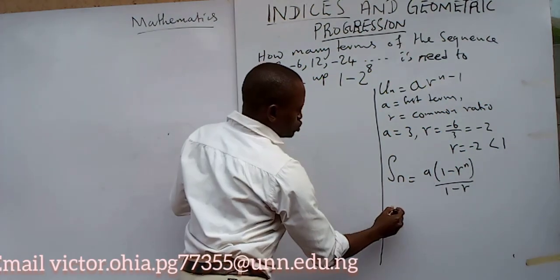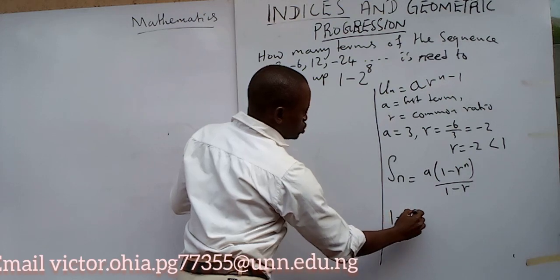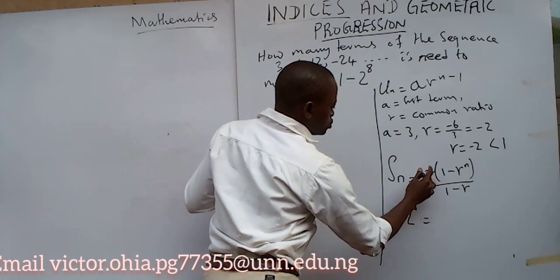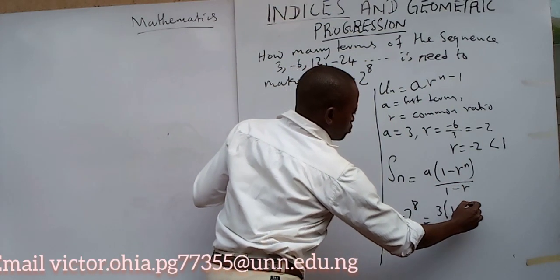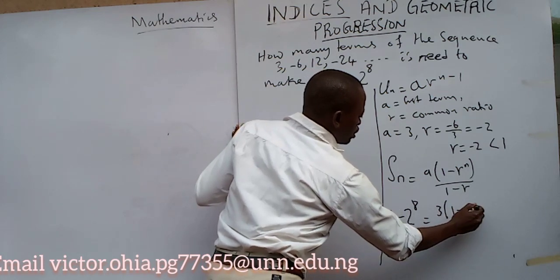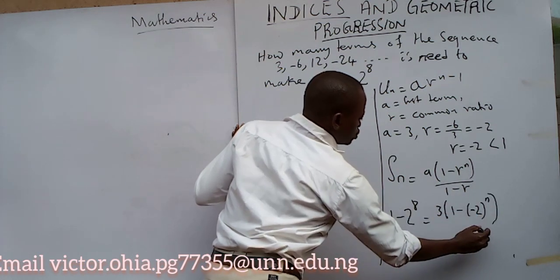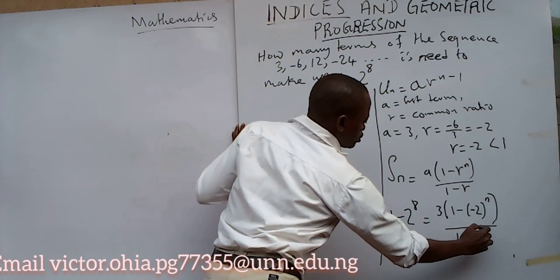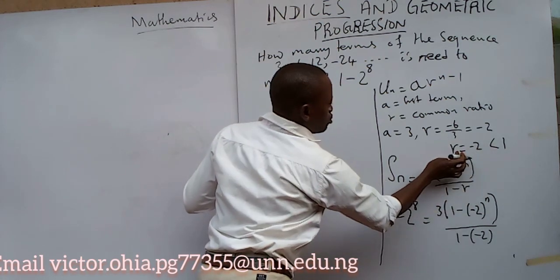So you can now make a substitution and say 1 minus 2 raised to the power 8, the sum of those terms, equals the first term 3 in bracket 1 minus minus 2, because the common ratio we have is minus 2, raised to the power n, then close the bracket, all over 1 minus in bracket minus 2, because this r, look at it here, the common ratio is minus 2.